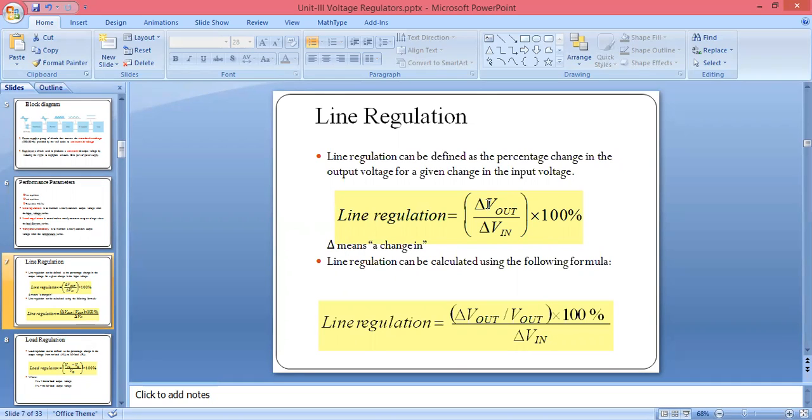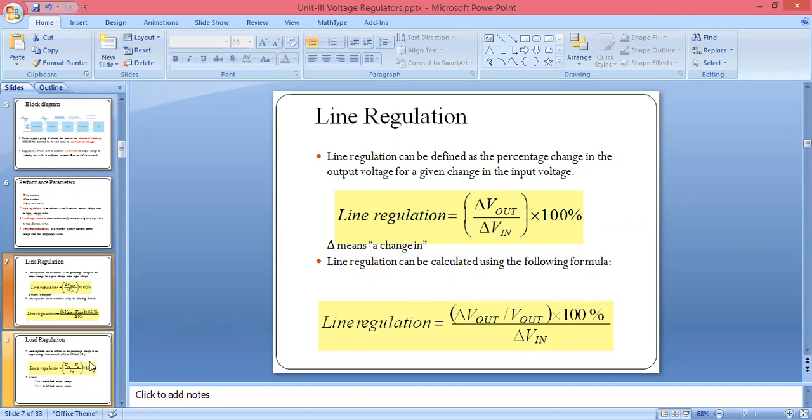Delta is nothing but change in, and we know the output will remain nearly constant, an approximately constant value. So we can calculate line regulation as delta V out upon delta V in into V out into 100. The total we will multiply by 100.